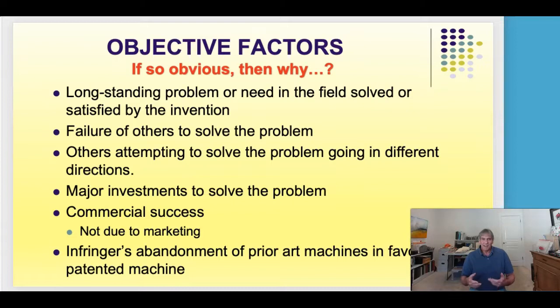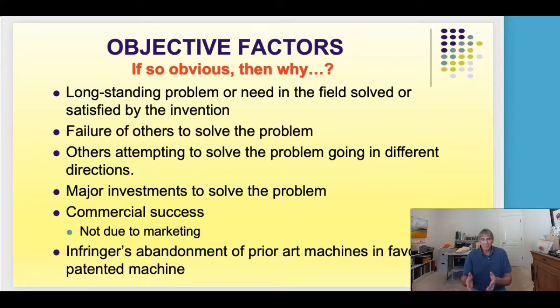You can look at the factors in these terms also. For instance, how could this have been such a big problem for so long a time if the solution were so obvious? Why have inventors been focusing on a different kind of approach if this solution were so obvious?